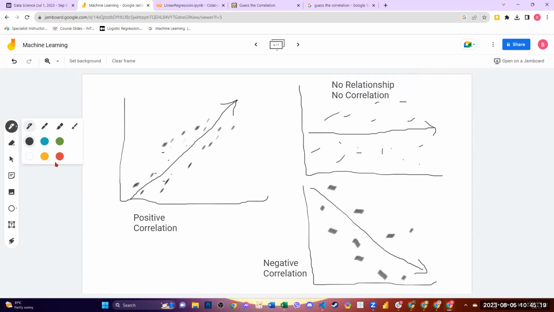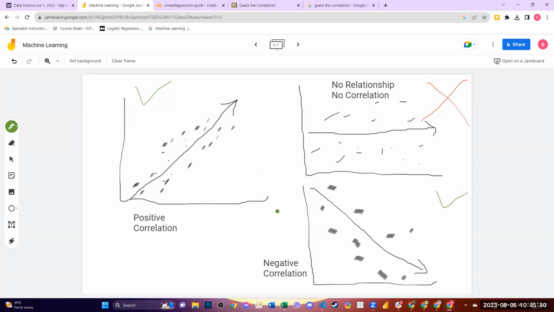And if that's the case, we cannot predict using our data set. We want to have at least this kind of level to predict.